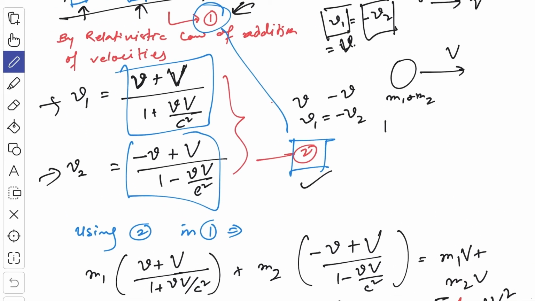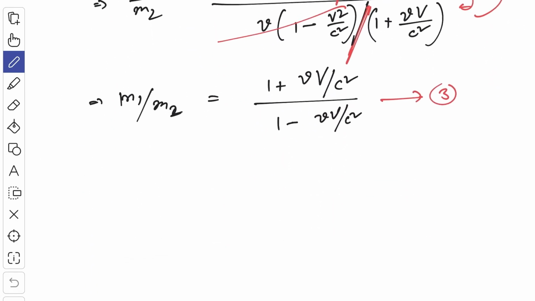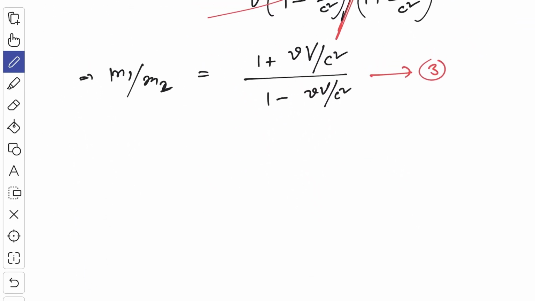Now let us first find 1 minus small u1 square by c square, because we are going to relate this with small v1 and small v2, so that's why let us find this.